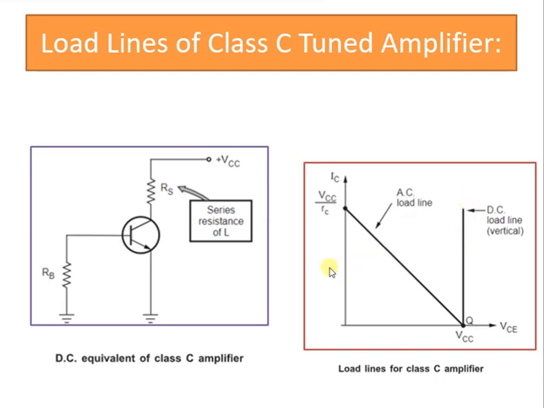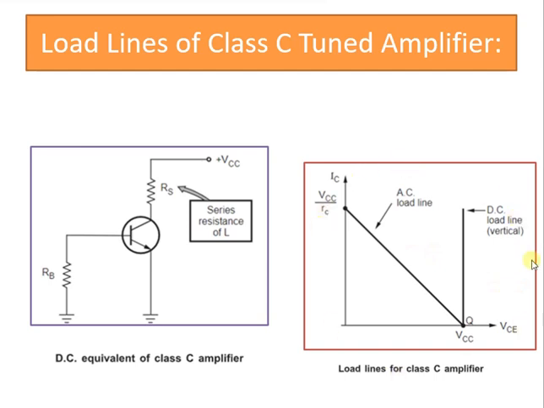When we go for the AC load line, the Q point is designed to be at the lower end of the AC load line. When the AC input signal is applied, the AC operating point moves up the AC load line towards the saturation point, and the maximum value of the collector current is obtained when VCE is equal to 0, that is equal to VCC by RC.